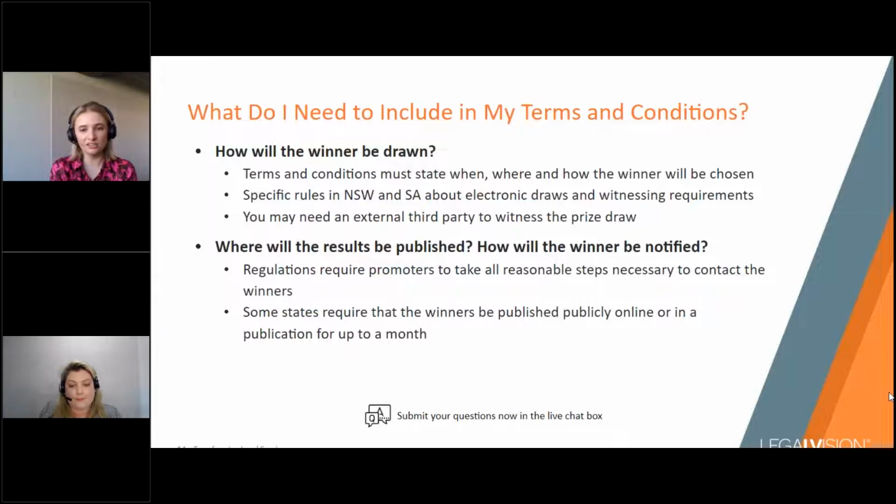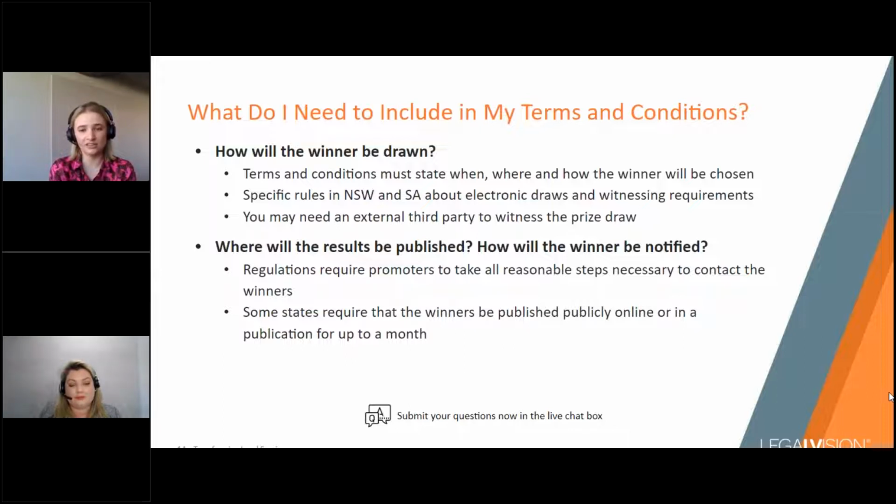As part of the terms and conditions, you'll also need to set out where the winner will be published and how they'll be notified. Various state regulations require promoters to take all reasonable steps to contact the winners. An easy way to show what steps you'll take to contact those winners is obviously to include it in the terms and conditions.